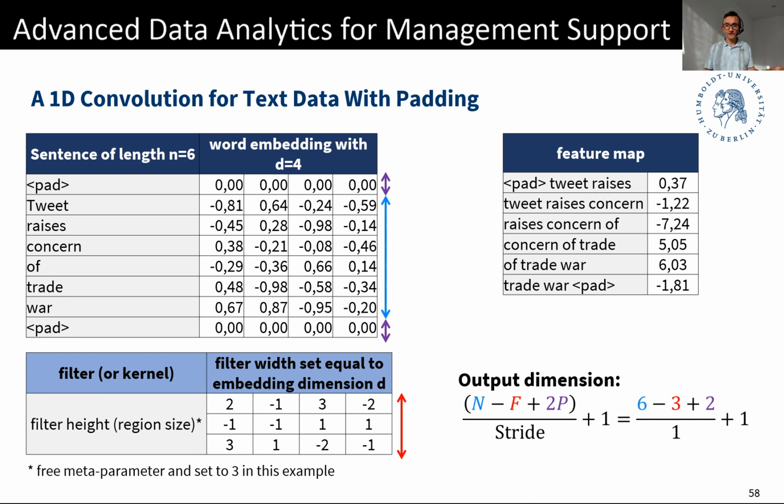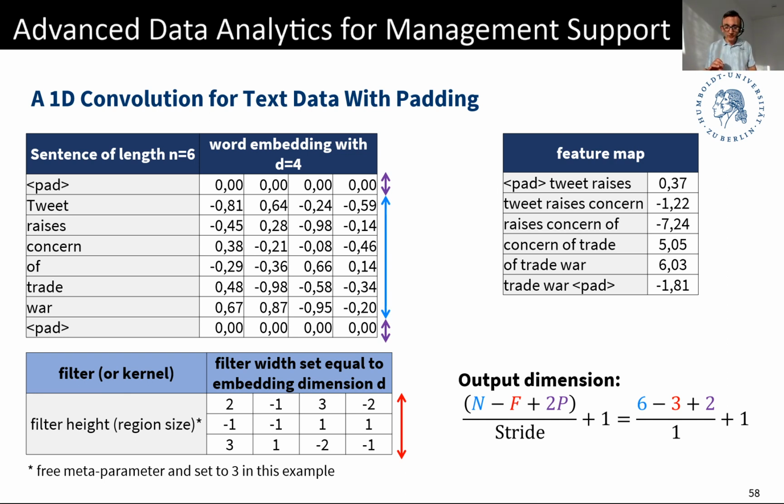The number of characters varies across words, the number of words varies across sentences, and the number of sentences varies across documents, but normally you don't do that at the document level anyhow. And by introducing 0 padding, you can ensure that your calculations work out nicely, that you can always process bigrams or trigrams or 4grams depending on your region size.